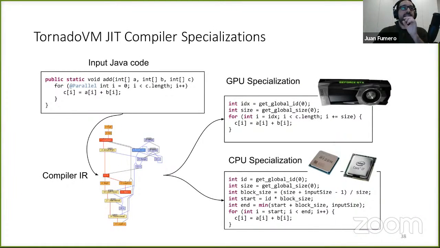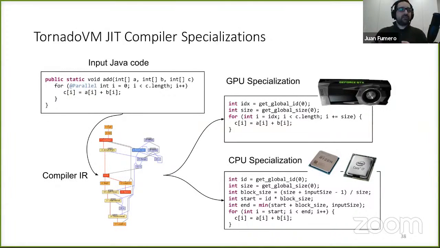One other thing we do is specialization. And this is important. Whether we target OpenCL or PTX, we need to specialize the code. What does it mean? The code we generate for GPUs is different than the code we generate for CPU or FPGA. Otherwise, we don't get the performance we want. This is because OpenCL is a standard, okay? It's a Khronos standard, meaning that code is portable across devices.